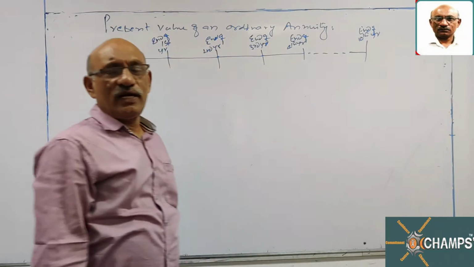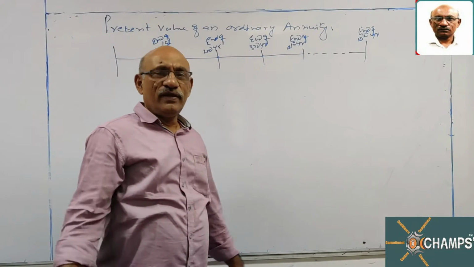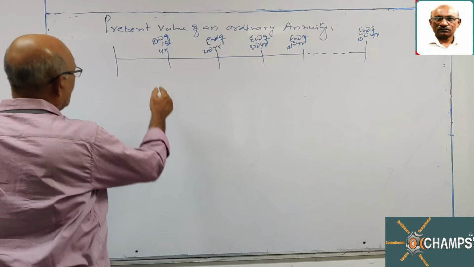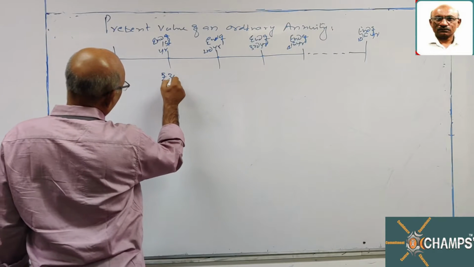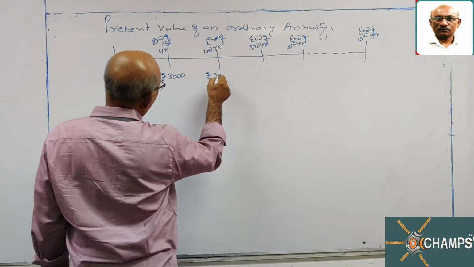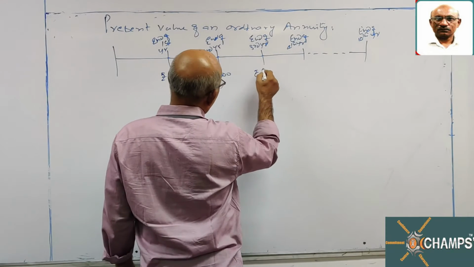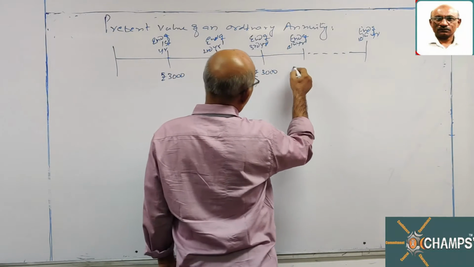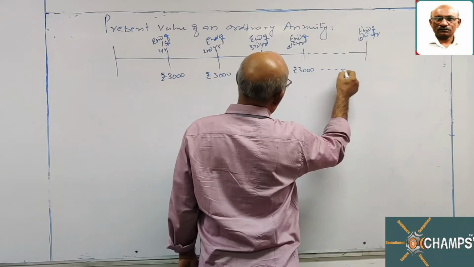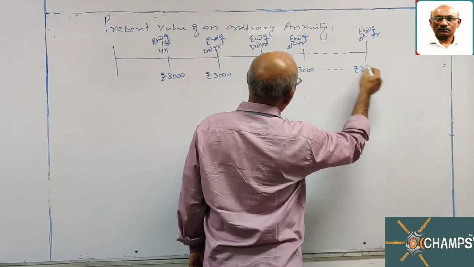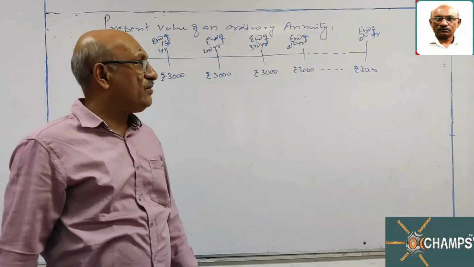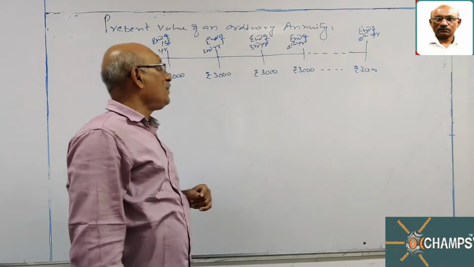Let us restrict our discussion to 10, then we can generalize the result. Now let us see, this is rupees 3,000, rupees 3,000, rupees 3,000, rupees 3,000, etc. This way a series of 10 payments you have.